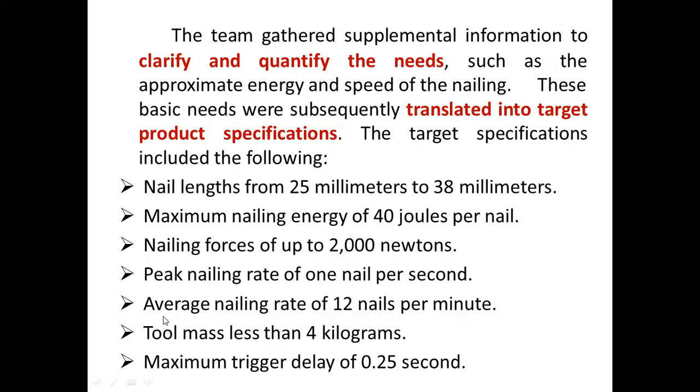So 12 nails we can feed per minute. Tool mass less than 4 kilograms, maximum trigger delay of 0.25 seconds. These are the specifications we derived from the existing data.